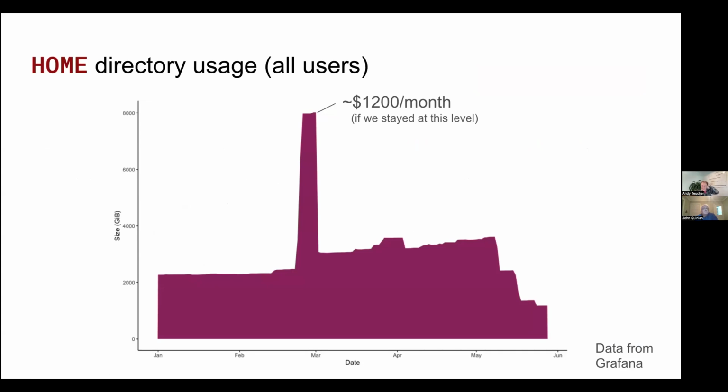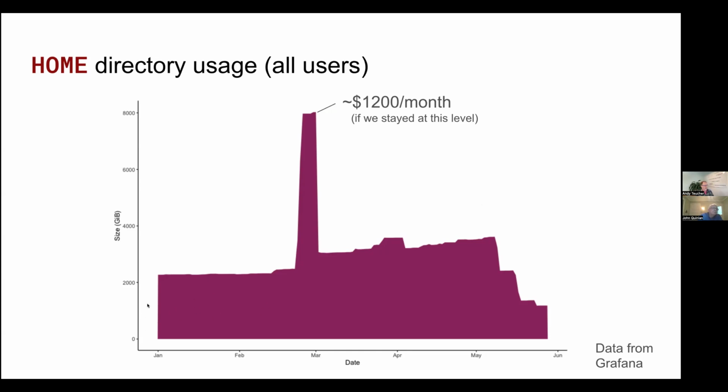And just a little peek behind the curtain on how we're monitoring and looking at storage in the home directories. So these home directories are stored in EFS, which is Elastic File System, and it can get expensive. This is the NASA Openscapes Hub total size of storage across all users' home directories.